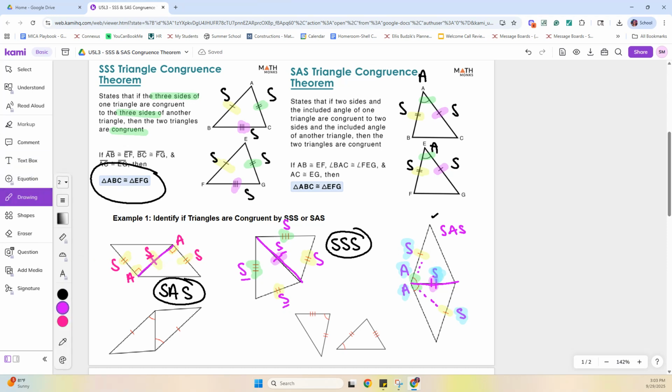So I have side, side, angle. These 2 things do not match up. I'm not going in the same order, and order really matters here. Because these 2 things don't match up, these triangles are not congruent. So we would just say not congruent. We don't have enough information, so we can't say that they're congruent right now.